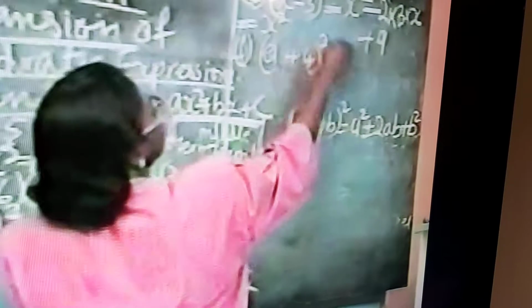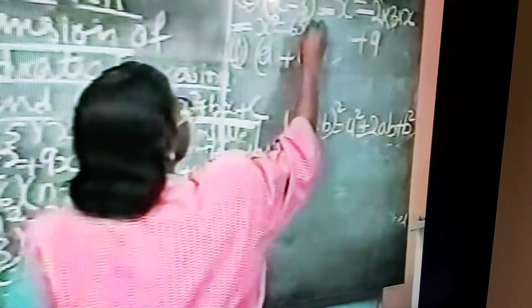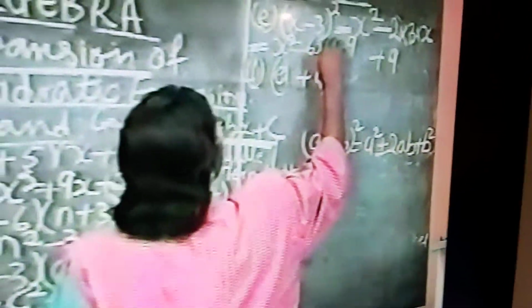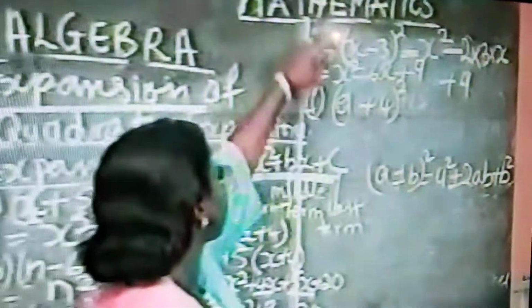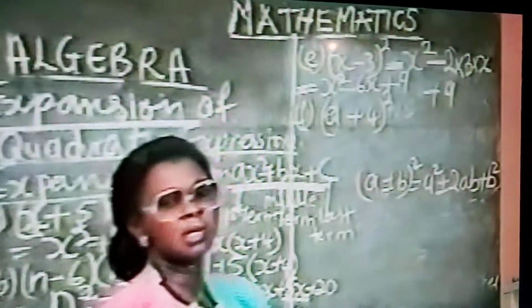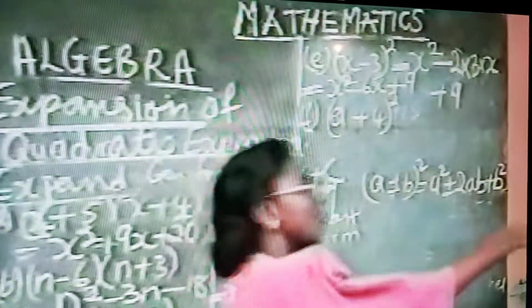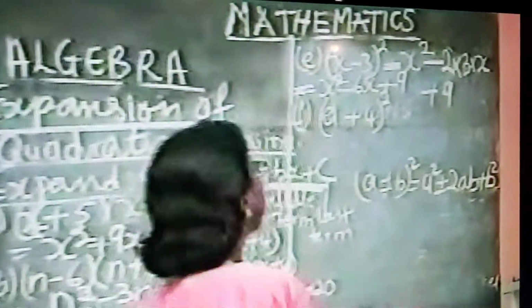X squared minus 6x plus 9. And once again, if the coefficient of your x is 1, just multiply this by 2 and put it beside your x. Just multiply by 2. Once the coefficient is 1, you don't have much problem.